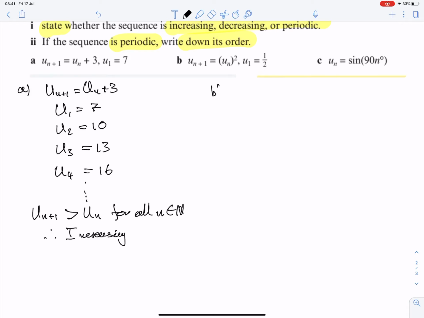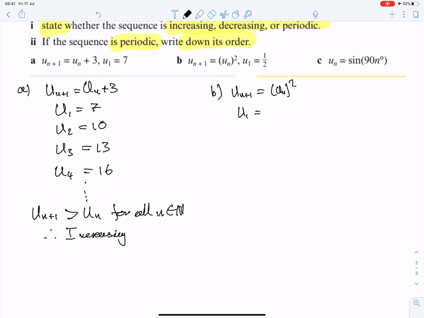B. So here we've got un plus 1 equals un squared, where u1 equals a half, interestingly. So the next term equals the current term squared.